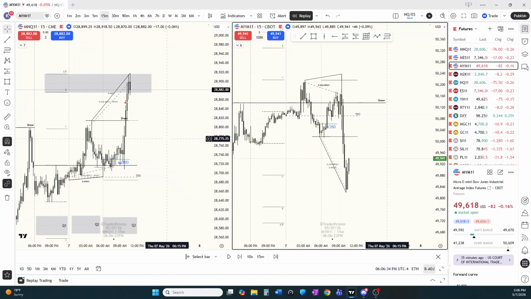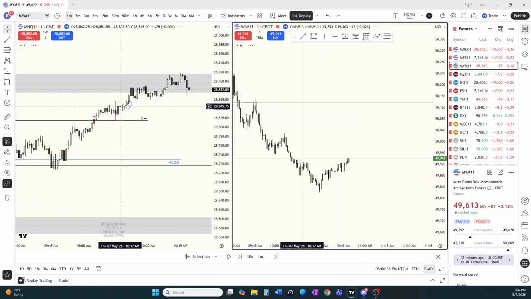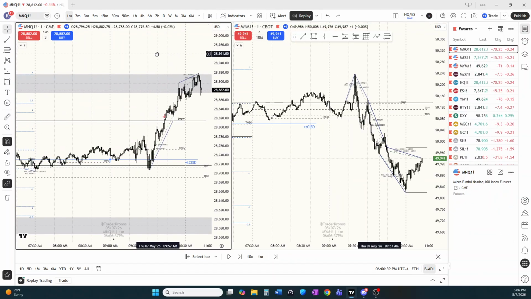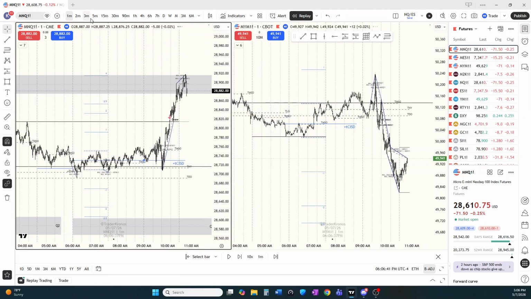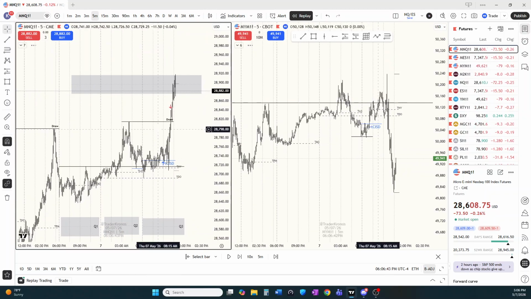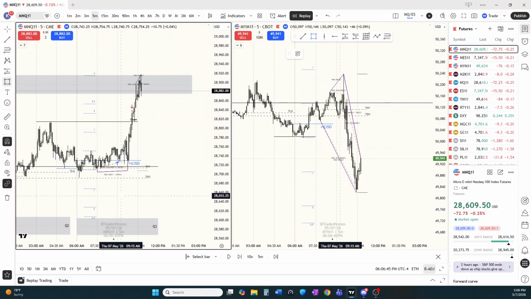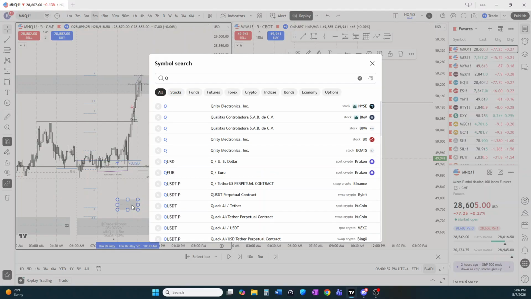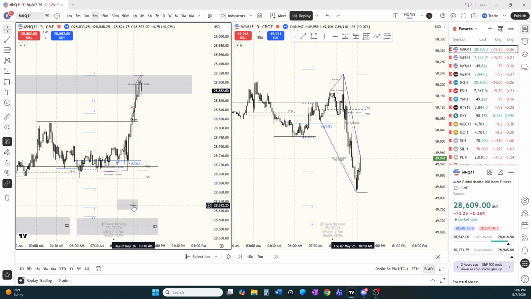Another stacked cycle, right? So if I drop to my microcycle, let me do this here. It's not selecting.